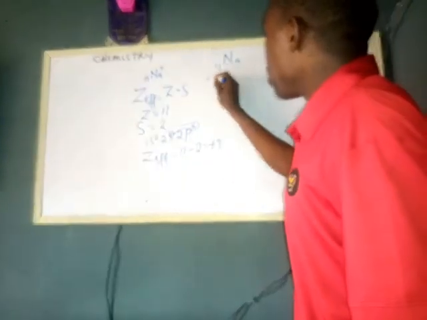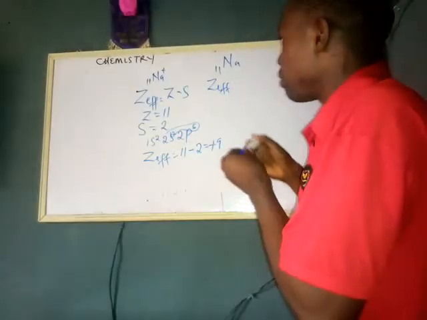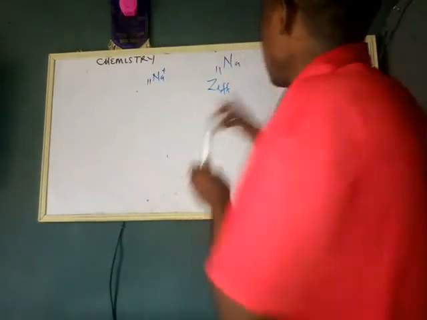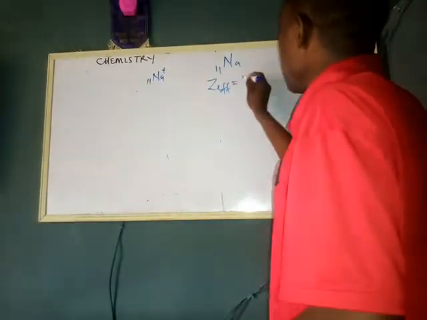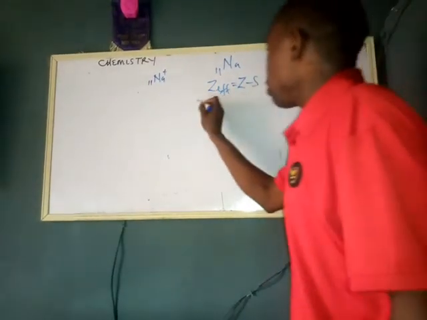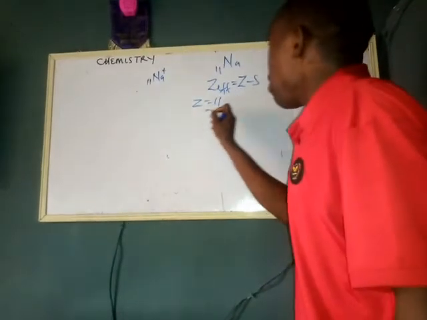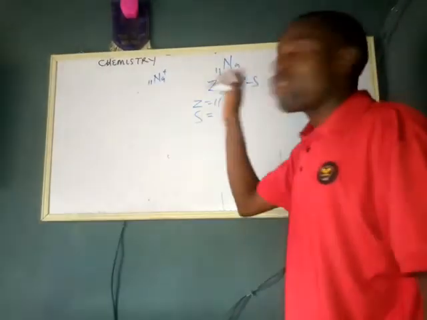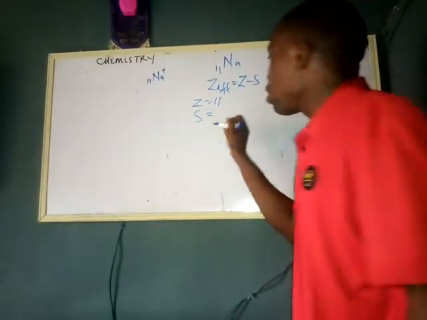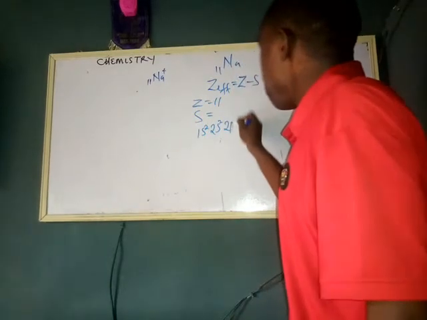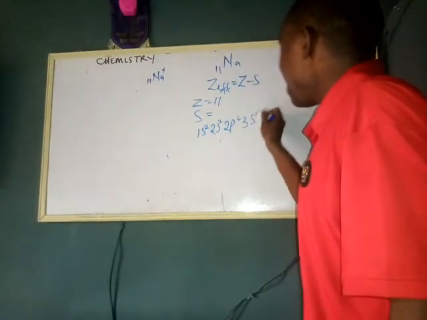Now, if I'm to make use of the Zeff, here becomes Z minus X. Now you are aware Z here is 11, but for the number of core electrons here, we have to write the configuration for sodium atom, which is 1s2, 2s2, 2p6, 3s1.